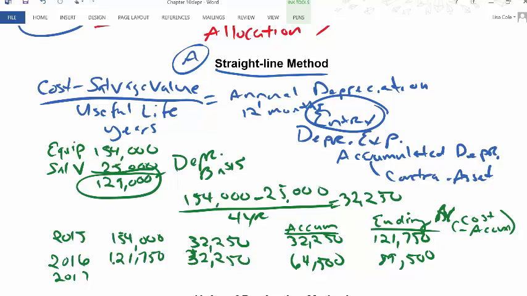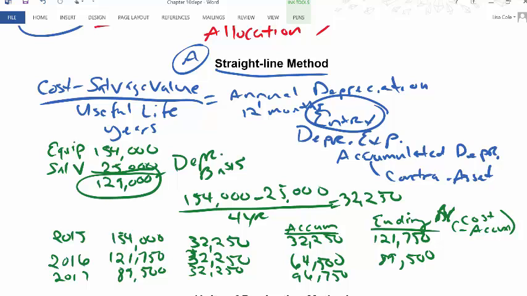Okay, I'm going to try to squeeze my other 2 years in here. 2017, my beginning book value is $89,500. I take another $32,250, and my accumulated depreciation now is $96,750. So notice I accumulate it, it keeps going up every year.